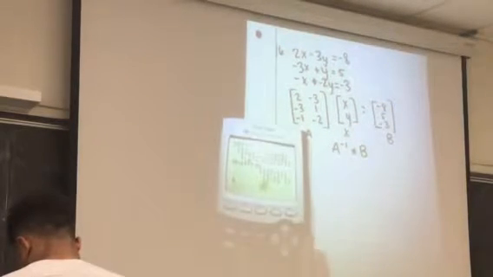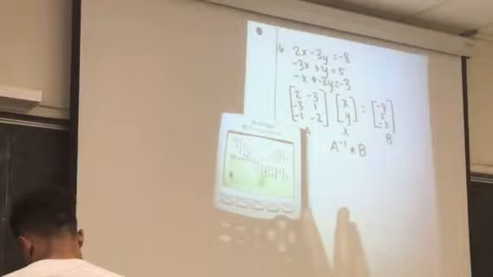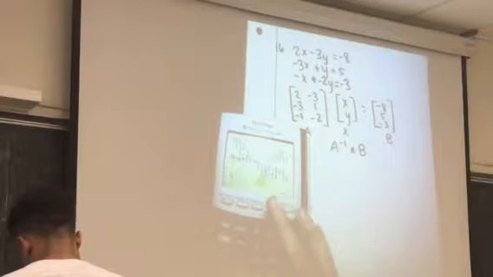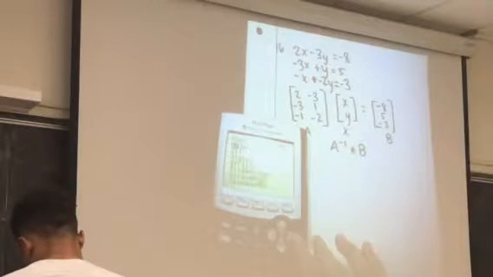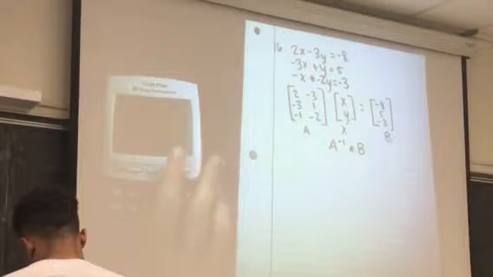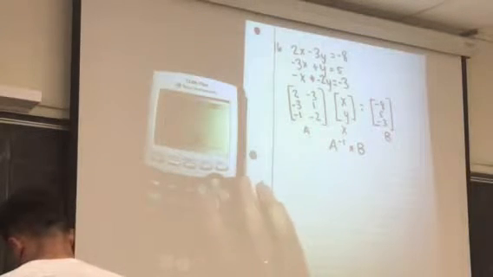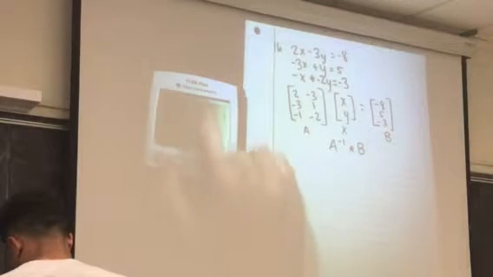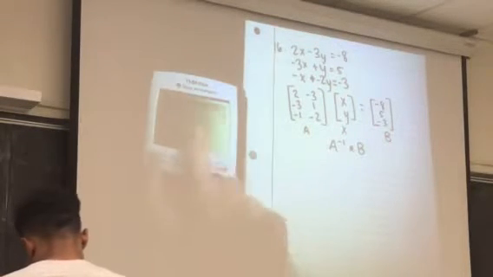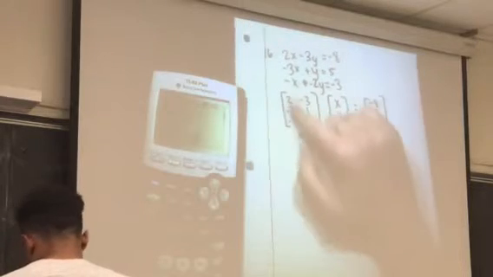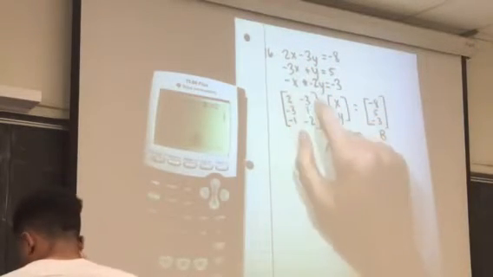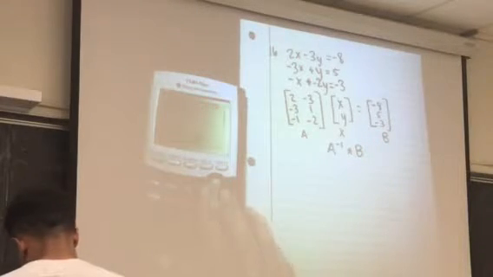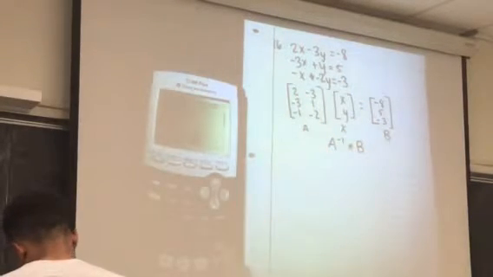Do you want me to talk you through it again, or do you think you can do it? I want to try it. Okay, so we're going to go to second, matrix, over to edit, and go back to 1. We're going to change the dimensions up here. What are the dimensions of this matrix? 3 by 2, yes. Then we put in the numbers.